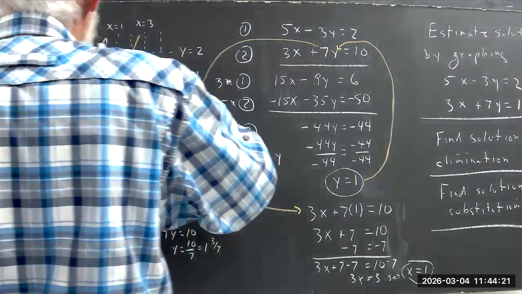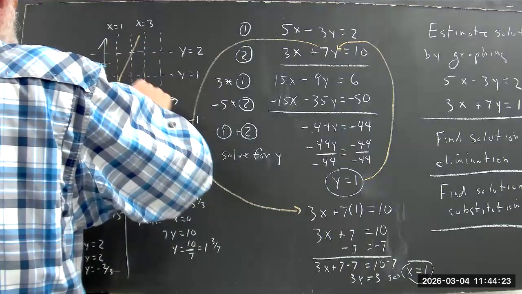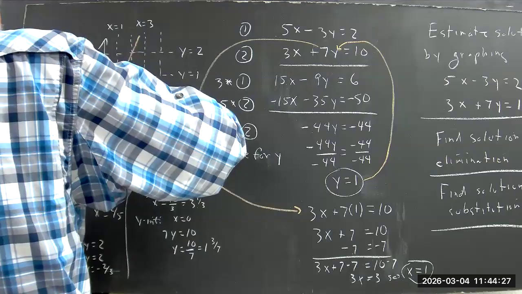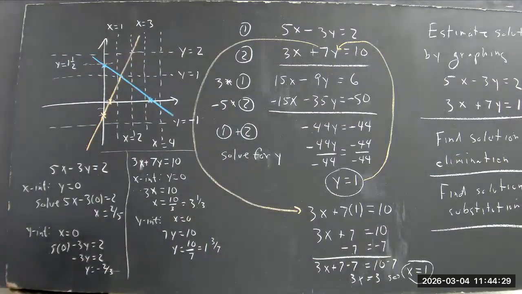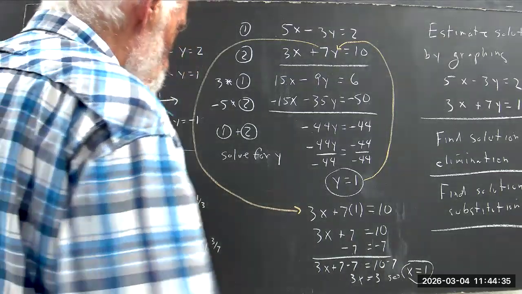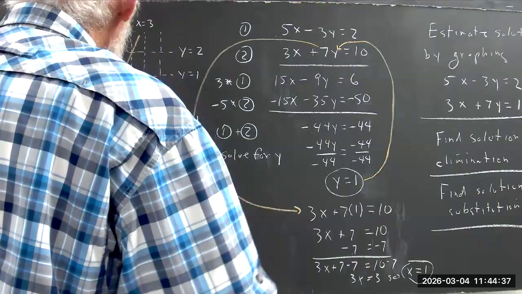Then I'm going to draw a line between the x-intercept and the y-intercept. It's a little high. And I'm going to estimate the coordinates of the point where the line crosses.